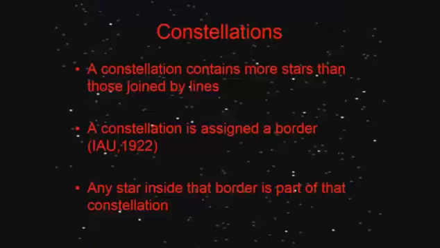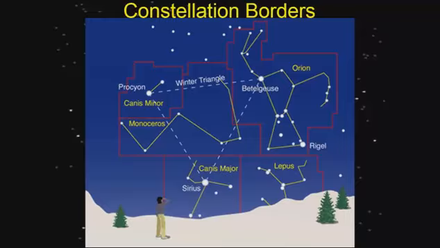So your constellation contains more stars than those just joined up by lines. Every constellation set down by the IAU in 1922 has a border, and any star or galaxy or anything else located in that region inside that border is part of that constellation, or is travelling through that constellation. So take a look in the sky.